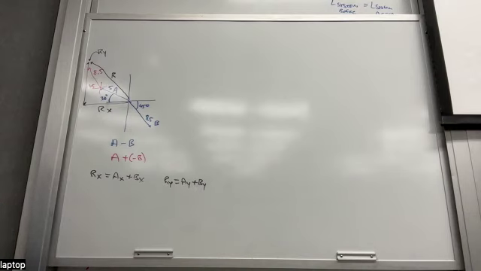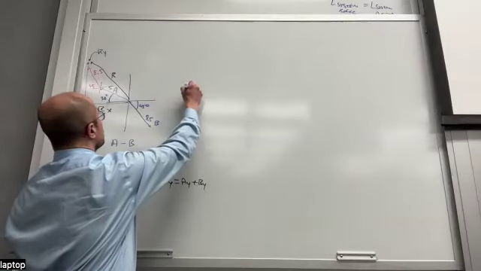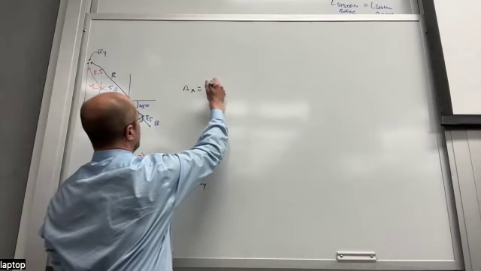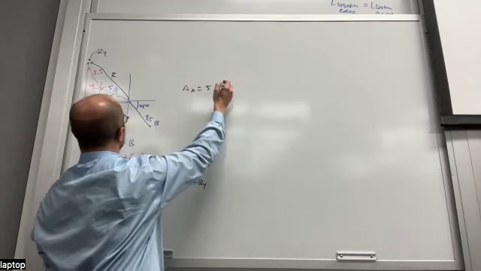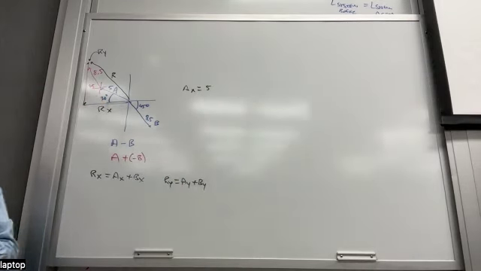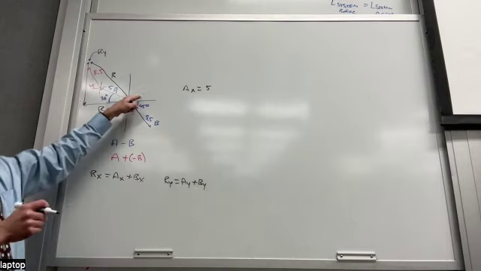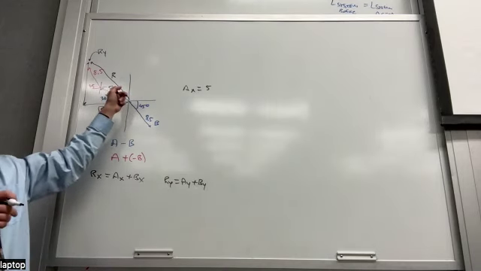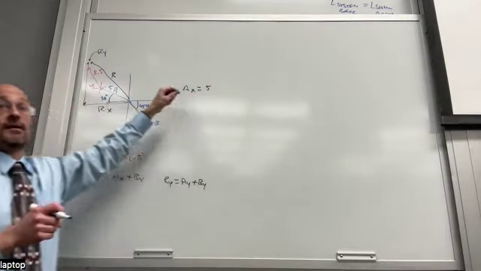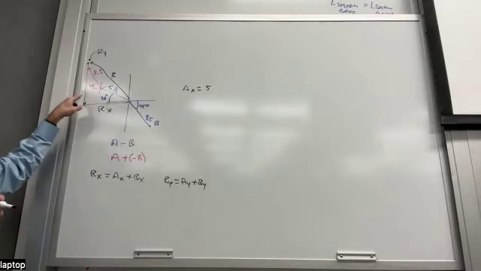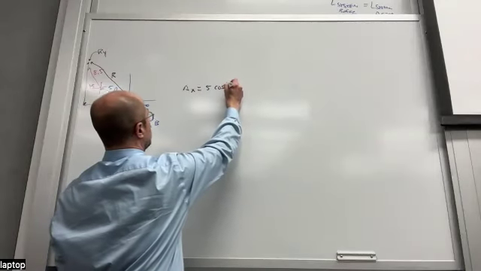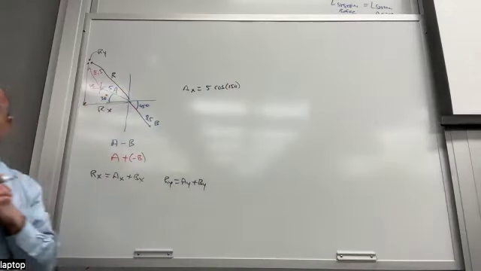So then AX is going to be 5 cosine of 30, or, here's where you have to start being very careful. You have to decide if you're going to put in cosine of 150, or put a negative in here and use cosine 30, because you have to account for the fact that it's pointing to the left in one way or another. So we'll put in cosine 150, and that'll take care of our negative.